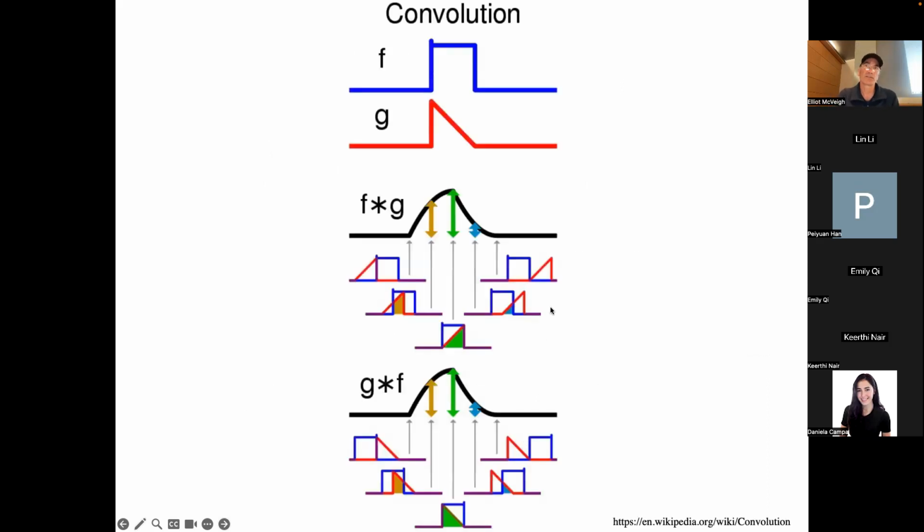And so what does convolution look like graphically? If I have two functions, here's f as one function. It's just one of these rect functions, and this is a single ramp function. I say, what does f convolved with g look like?